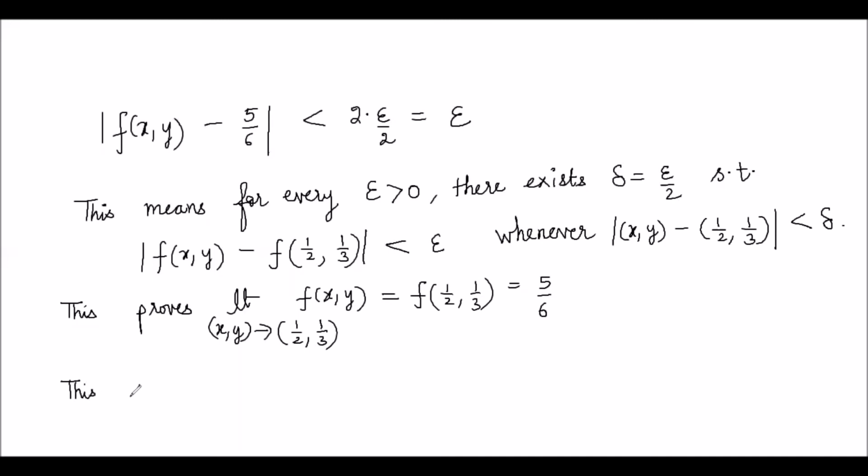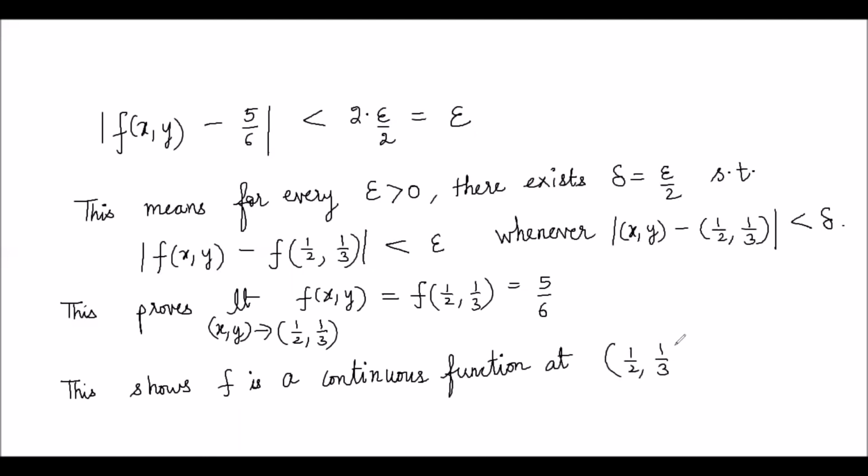This shows f is a continuous function at 1 by 2 comma 1 by 3. So in this way, we can prove the continuity of the function. We can prove that the limit of the function at some specified point exists.